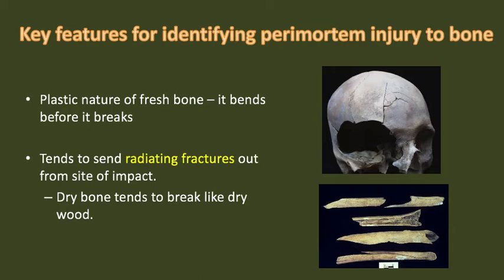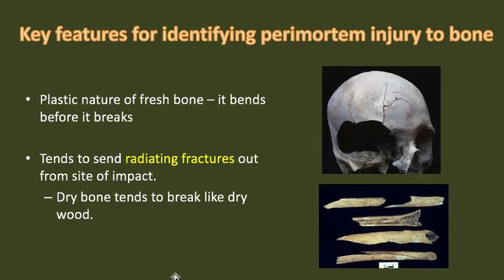If you look at a skull fracture, for example, the skull will have evidence of warping if you were to try to reconstruct the skull and fit the pieces back into this wound here. If this was a perimortem fracture, these bones would all have bent a little bit before they broke. So if you tried to refit all of these pieces in, you would probably have pieces that don't fit completely because they've been warped.